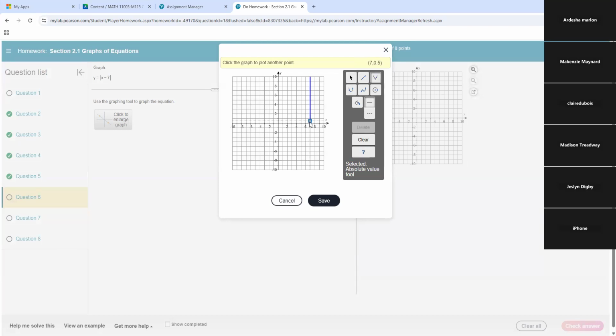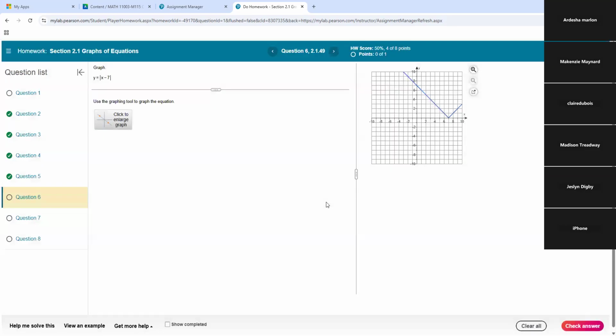Your first point has to be on the x-axis, okay? And then my second point was 8, 1. So let me go over to 8 and up to 1. When you plot the second point, it makes a V-shaped absolute value graph for you, okay? All right, so let me go back to my phone again, or my calculator here.